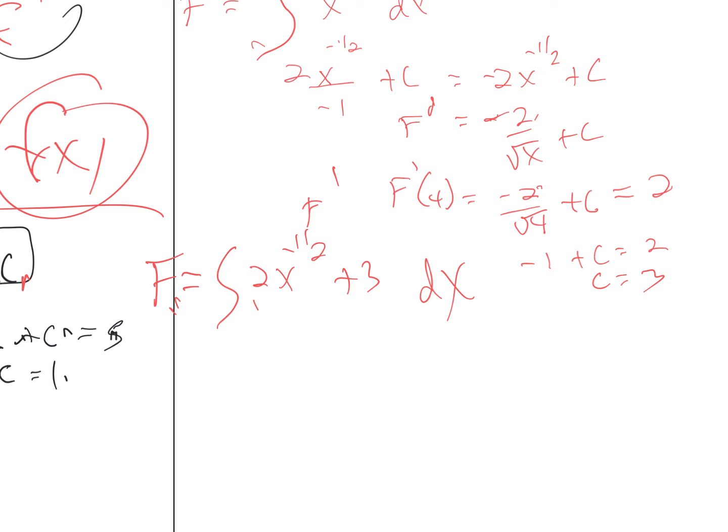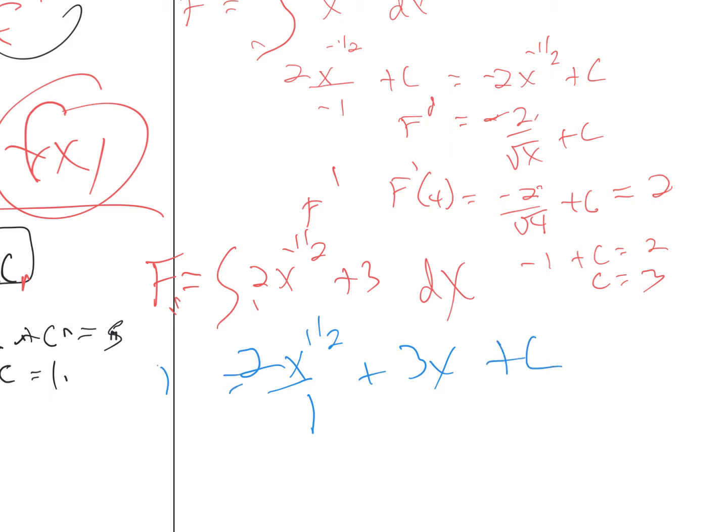So what's the integral of 2x to the negative 1/2? Add 1 to negative half. A half? X to the half divided by 1/2. So it's times 2. That's right. Plus, hold on, 3x. Plus C, a constant.